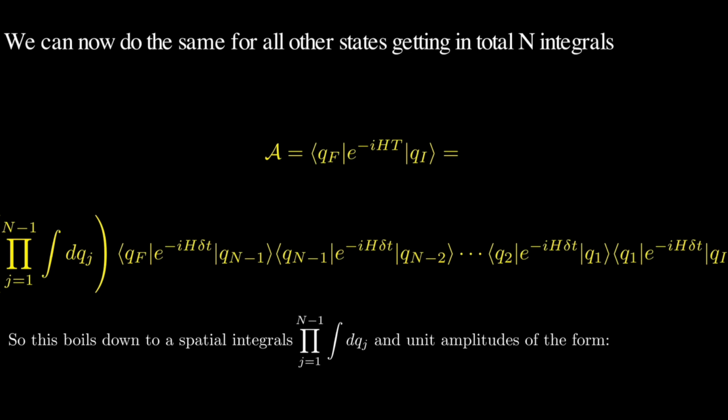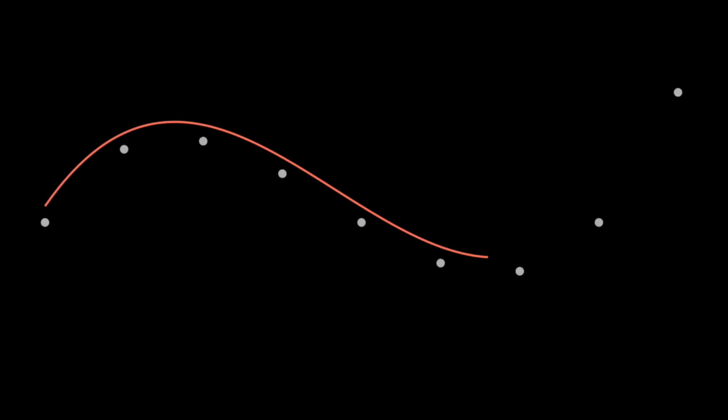So this boils down to a product of spatial integrals and unit amplitudes of the form: a unitary operator e to the minus i H delta t between two consecutive, or two adjacent, position states. So this is our basic unit of all of this complex integrand. It's just a smaller transition amplitude between our steps, or between our discretization, because these q states are just the point slicing, or these position states, in our discretization.